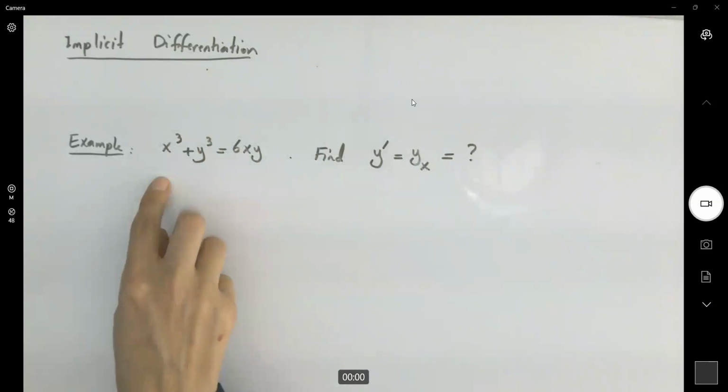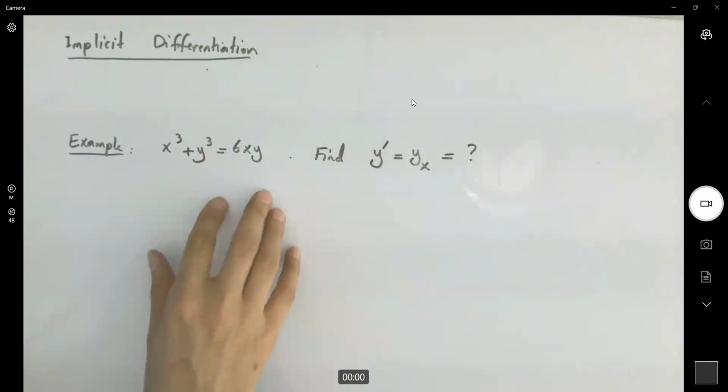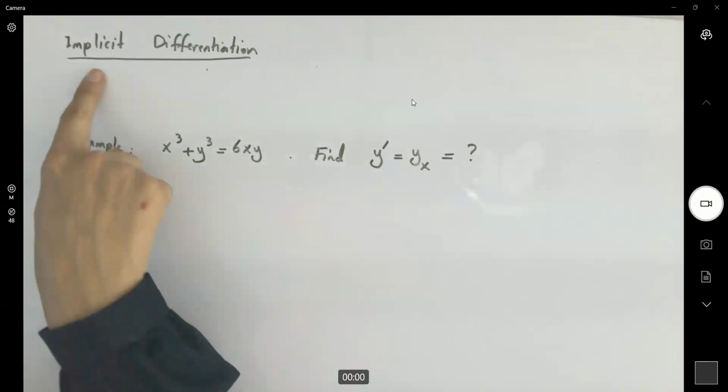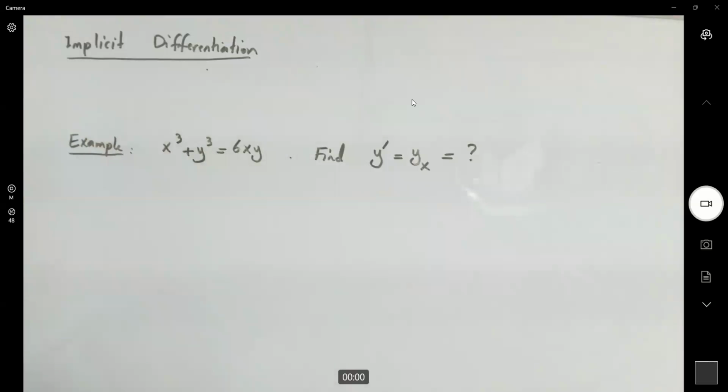When you have a combination of variables x and y, you can apply the formula for implicit differentiation. This formula says, suppose you have a relation between x and y.